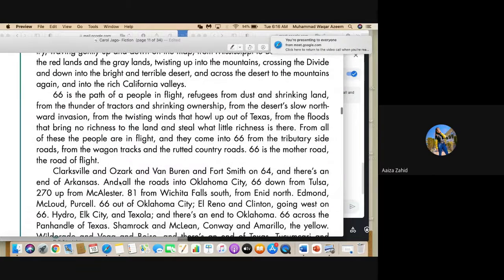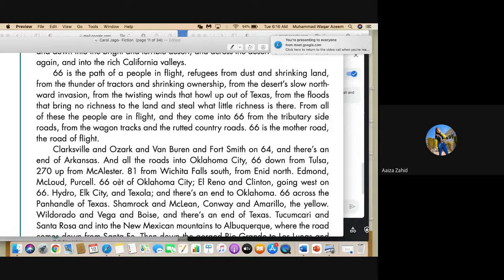Yeah. Okay. 66 is the path of a people in flight, refugees from dust and shrinking land, from the thunder of tractors and shrinking ownership, from the desert's slow northward invasion, from the twisting winds that howl up out of Texas, from the floods that bring no richness to the land and steal what little richness is there.